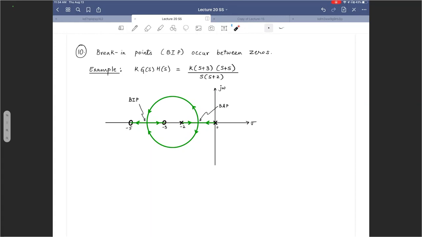And the way I would describe this system is, it starts at a marginally stable behavior, but as soon as you increase k, the system becomes overdamped. If you increase k even further, the system becomes critically damped. If you increase k even further, the system becomes underdamped. And it stays underdamped as long as the poles are complex.